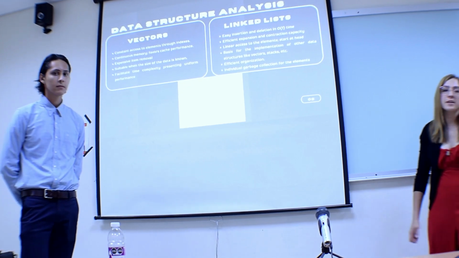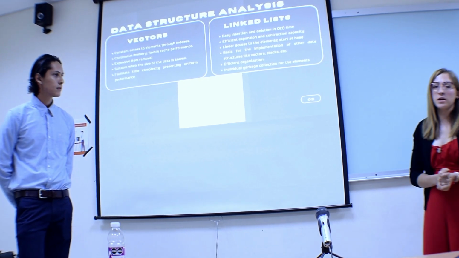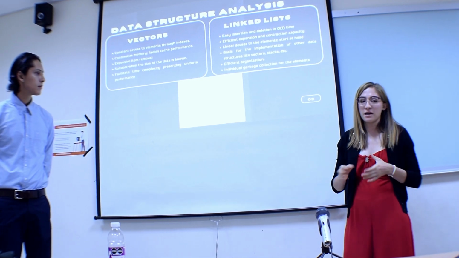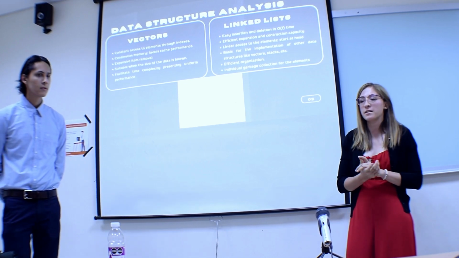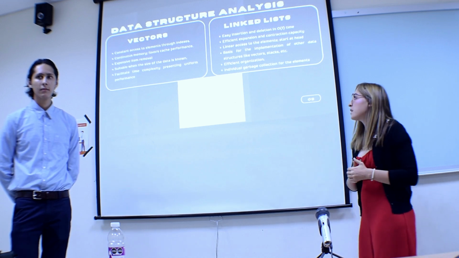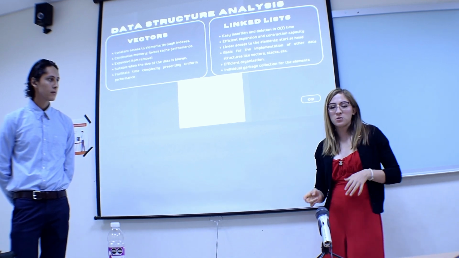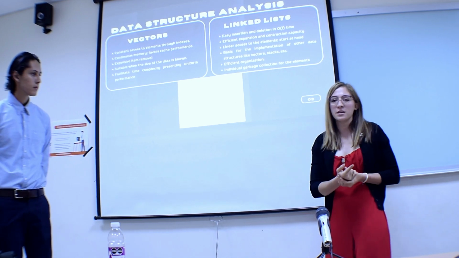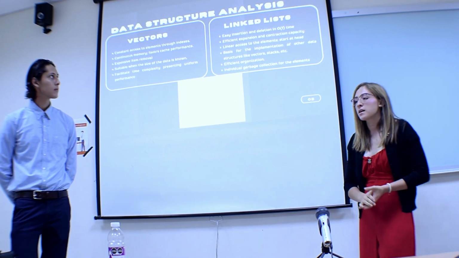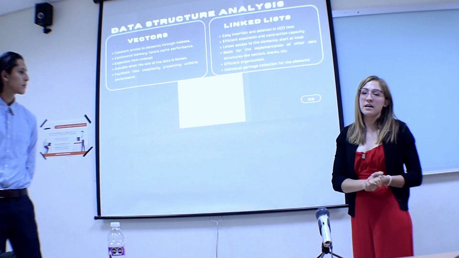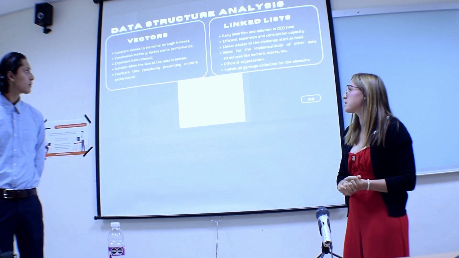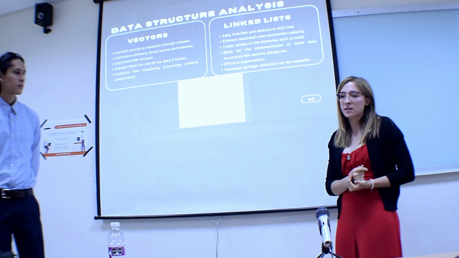Okay, for more clarifying information, the first database that we created is mainly for the developer, and the second database is mainly for use by users. So we decided to use 2 main structures, that is vectors for the main and general database, and linked list for the personalized database. The first characteristic that made us decide for vectors is that we can access the elements in constant time.